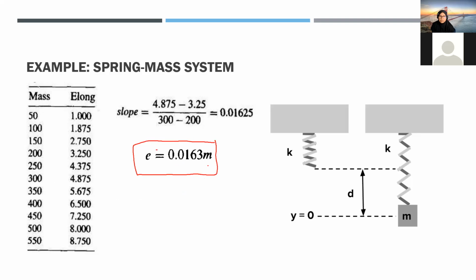So if you look at this one, when m equals 0, meaning that no mass is attached, the elongation is 0.